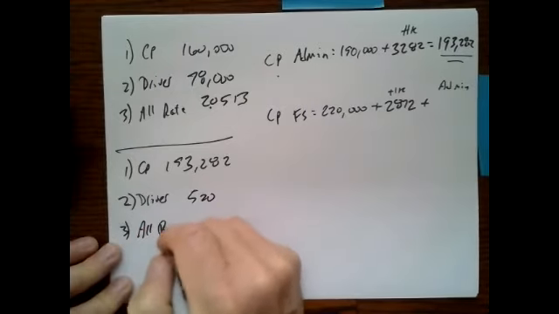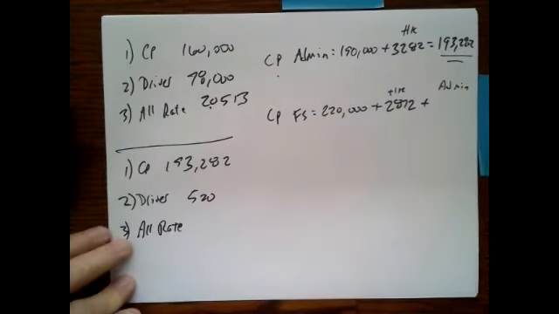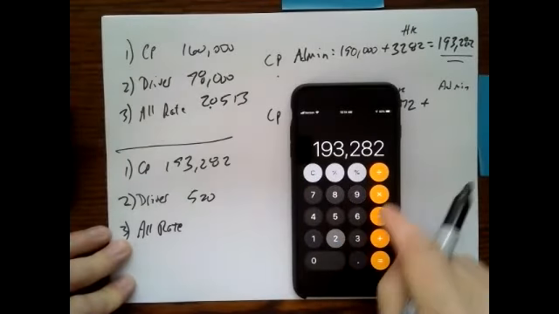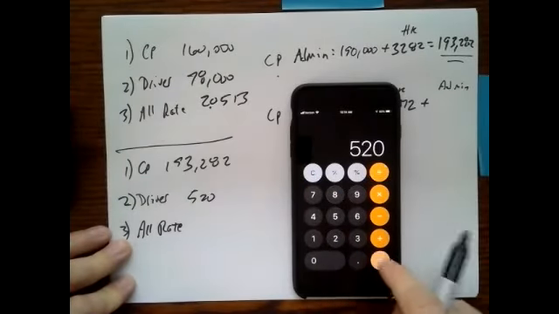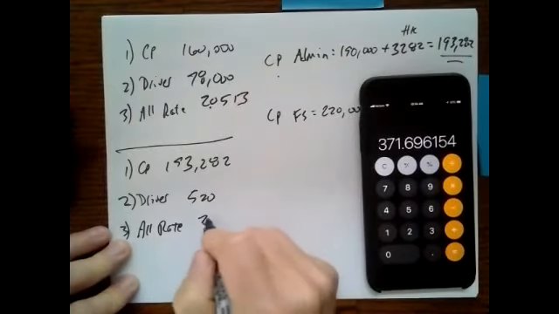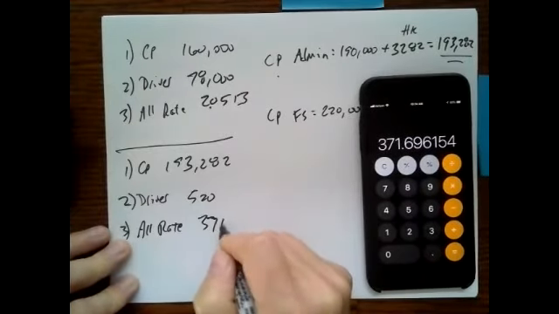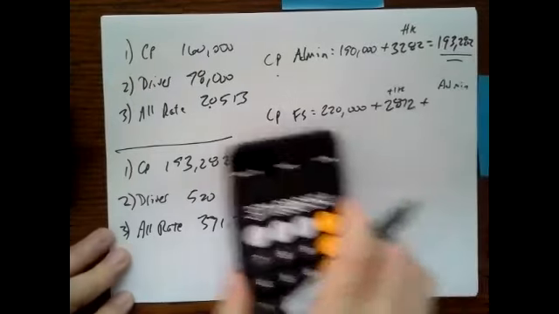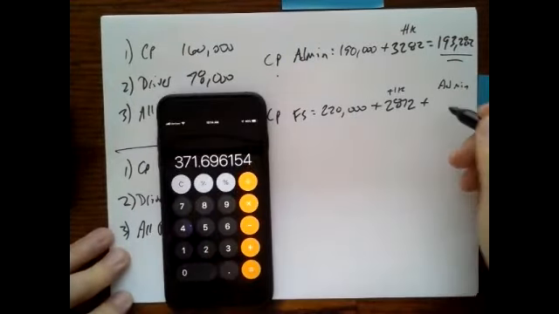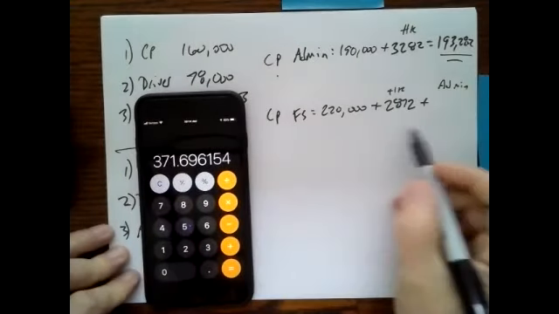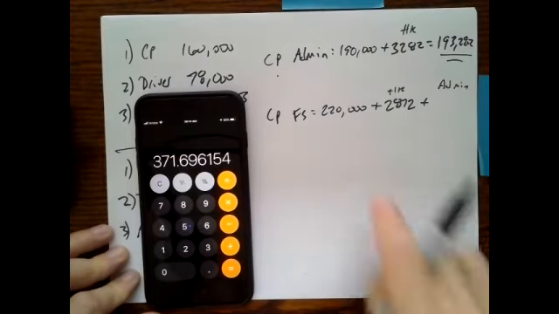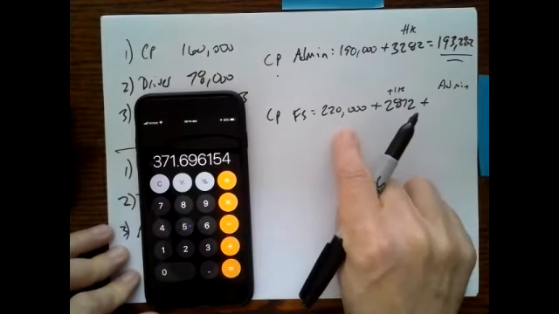The allocation rate then is 193,282 divided by 520, 372, well, 371.70. Okay, so now we want to finalize our financial services cost pool. So we need the 220,000 for their direct cost.